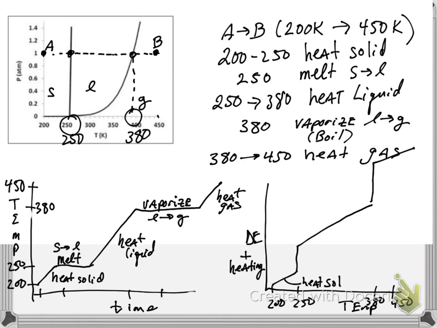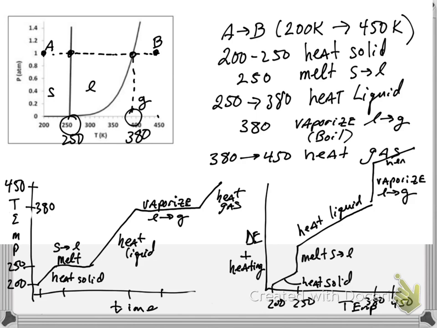So if we were to put all the steps in there, heating the solid, melting is the step at the melting temperature. Heating the liquid occurs as a ramp. Vaporizing at the boiling temperature, at a single temperature, there's a big step as we go from liquid, low energy, up to gas, higher energy. So that's a delta E positive.